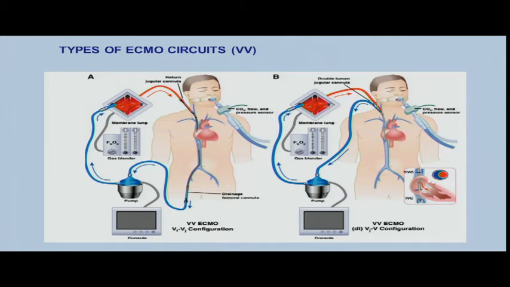In the past, if you are using a single cannula, you will notice that you have the drainage from the IVC and the return from the SVC. There's a possibility that the oxygenated blood, before entering into the right atrium, can have some of it entering back into the IVC, and this is called recirculation.